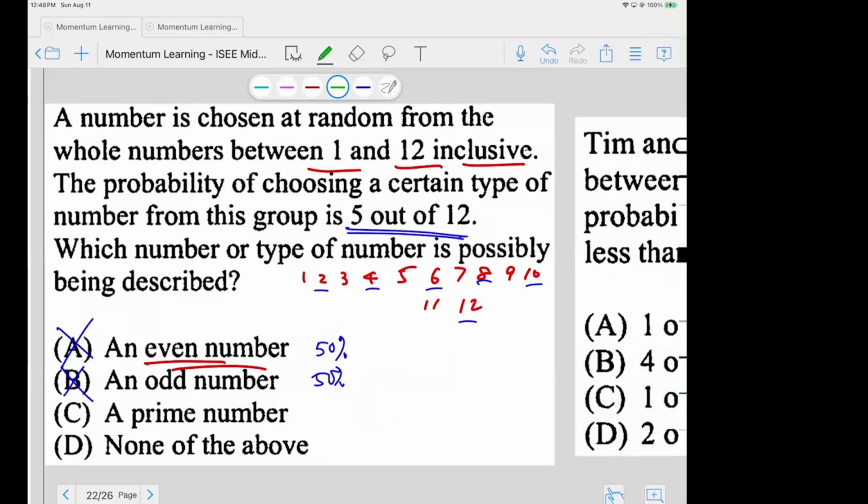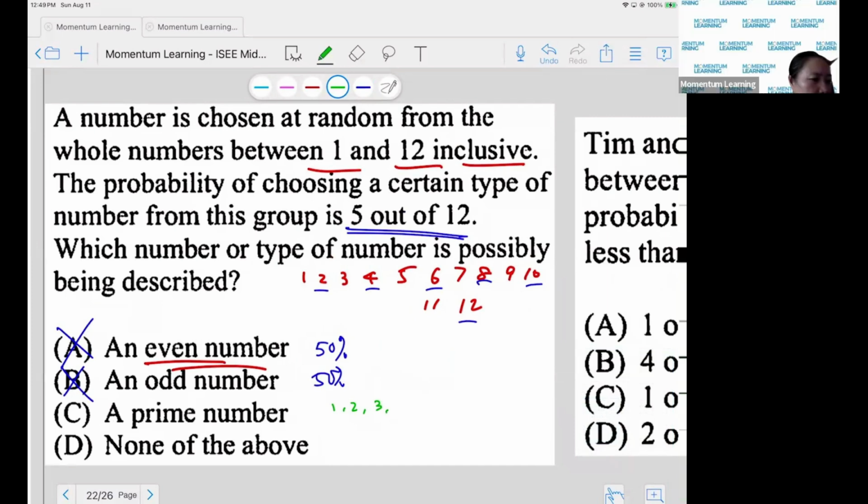1, 2, 3, 4. Oh, 4 is not prime. Prime means the only factors are 1 and itself. So 2, 3. All the even numbers are not good. Then 5, and 7. 9 is not, because 9 is 3 times 3. Then 11.